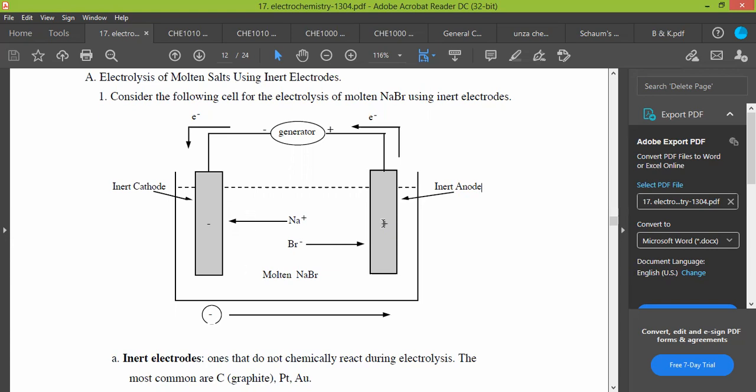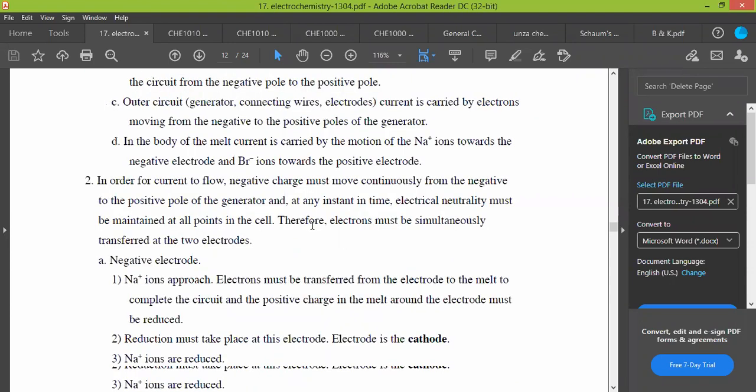And the bromide on this side keeps losing electrons, so bromide is going to be changed into bromine atoms, so that the negative charge, the positive charge, the electrons around are maintained at a neutral electrical condition known as electrical neutrality. So this is just them explaining what is happening.